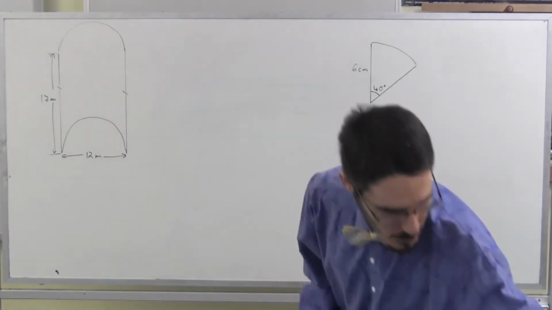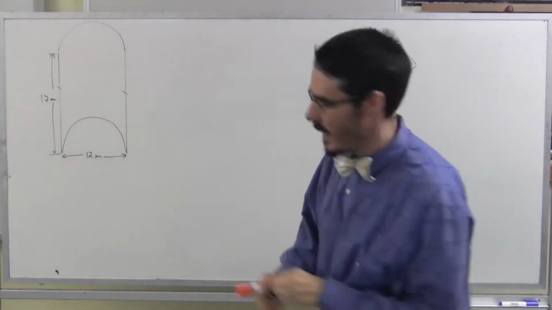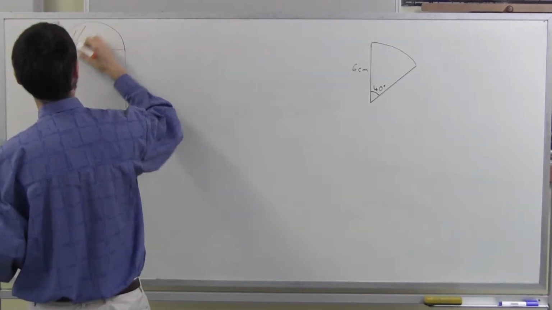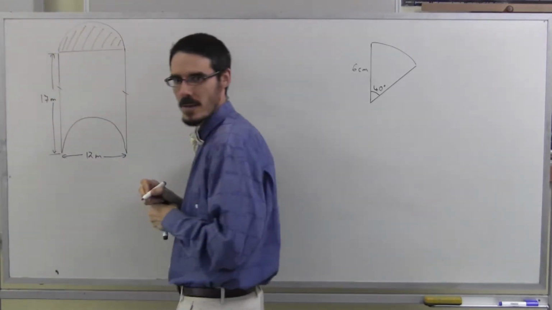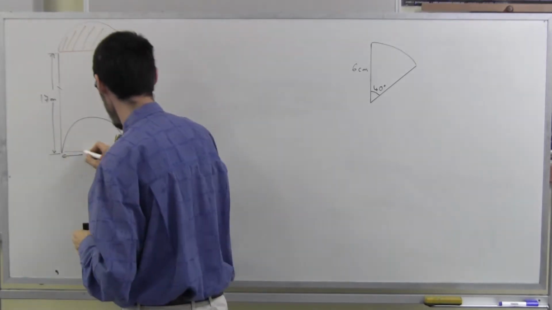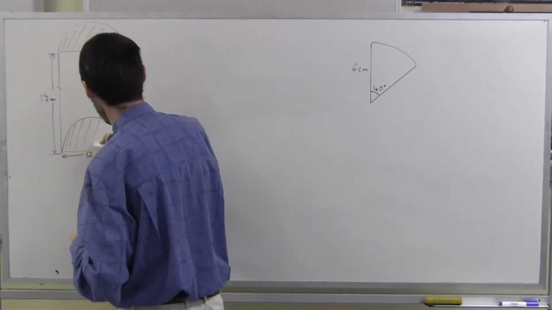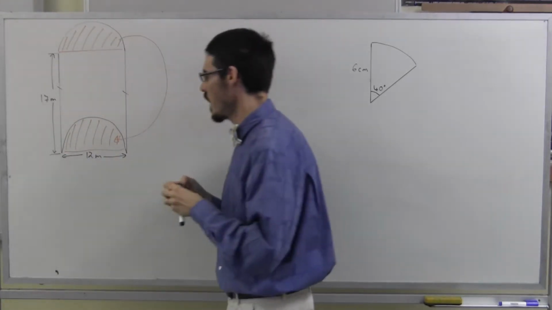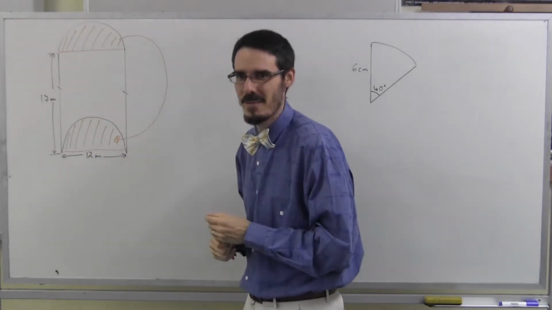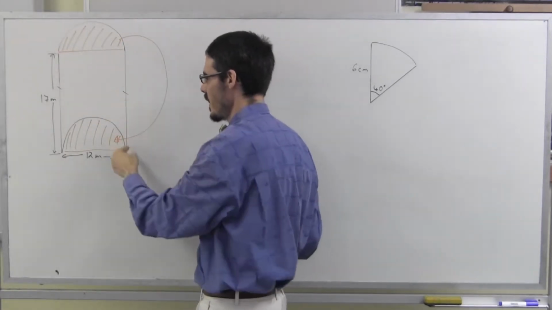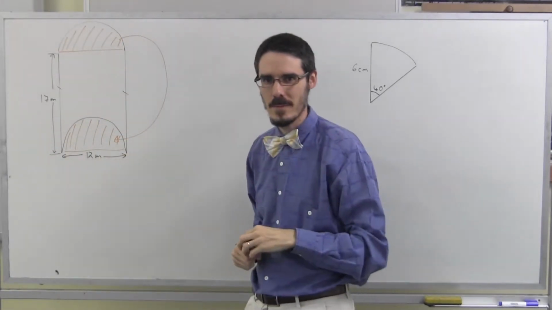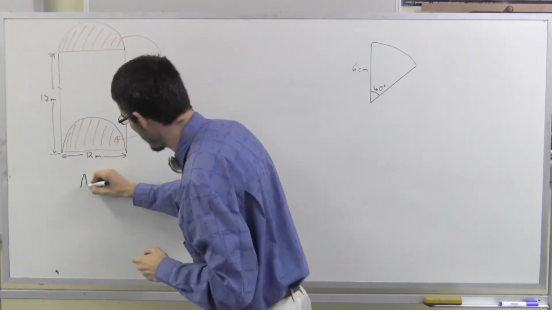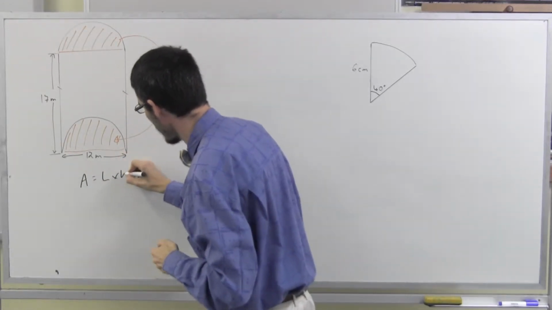So in fact, if I take off this circle here and then put it down here instead, I've actually got a very, very simple shape. It's just a rectangle. That's pretty easy. The area of a rectangle is just its length times its width.